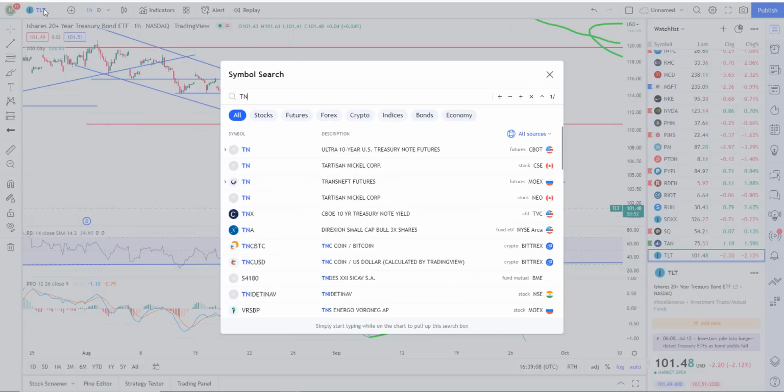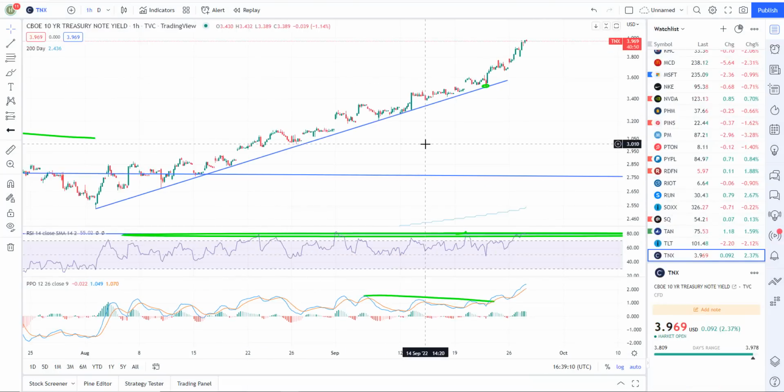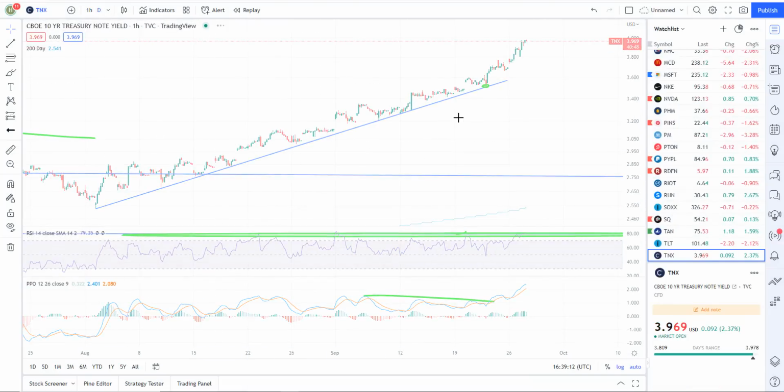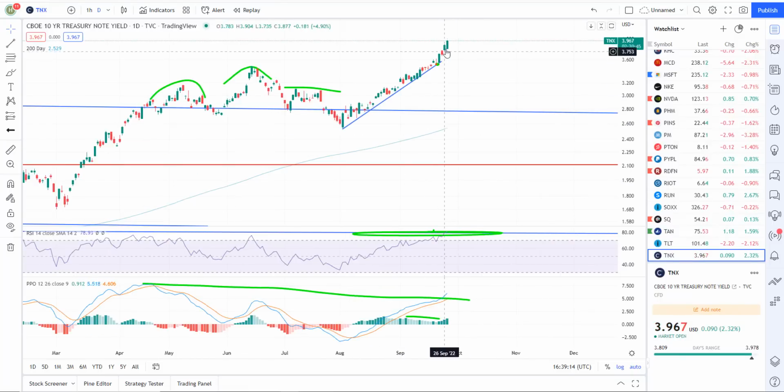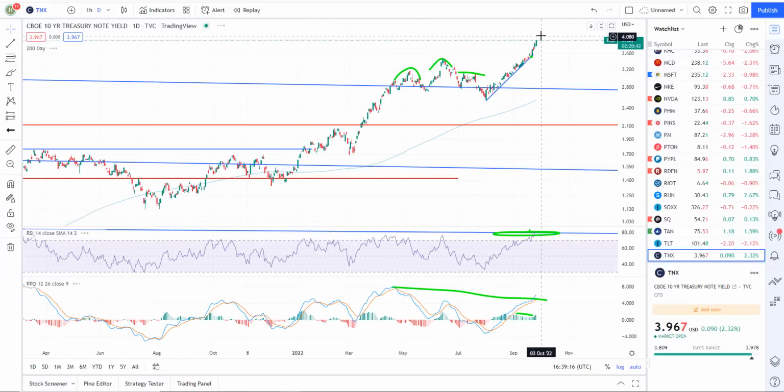If you look at the bond yields, which is TNX, so this is your 10-year treasury. We go to the daily, it's starting to go parabolic, meaning interest rates are spiking higher. Everything's going to start breaking unless the Fed comes in here pretty quick and starts to backpedal, or they're going to have to pivot.